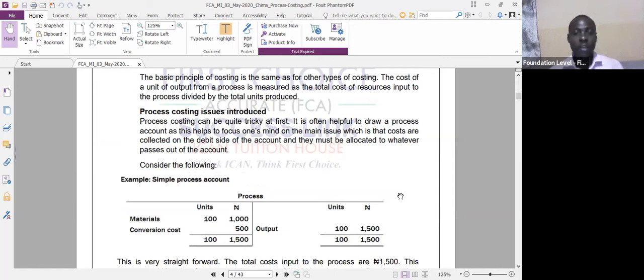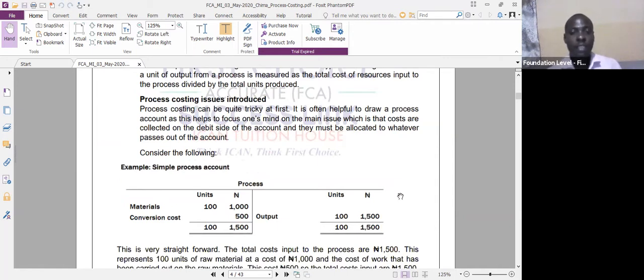Now look at this account here, a simple process account. This is the example we will be using throughout this class. We'll be using materials.